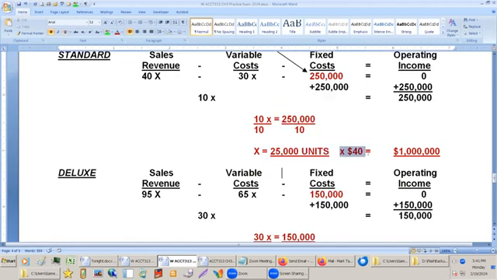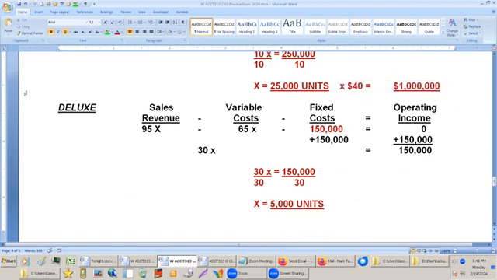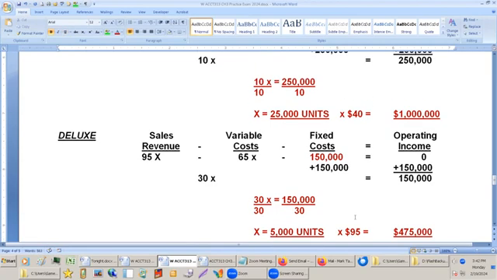And we'll do the same thing down here. Times 95. $475,000. All right.